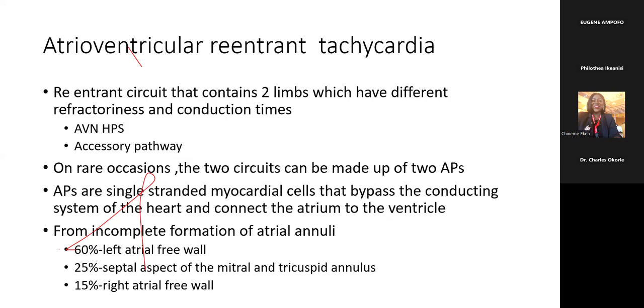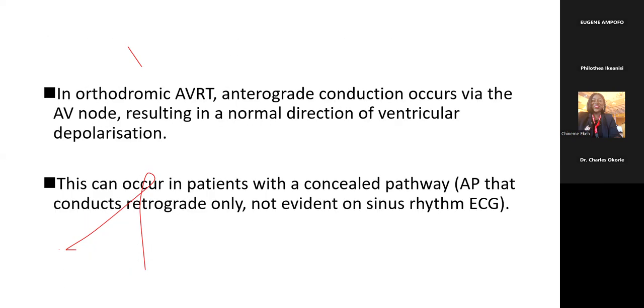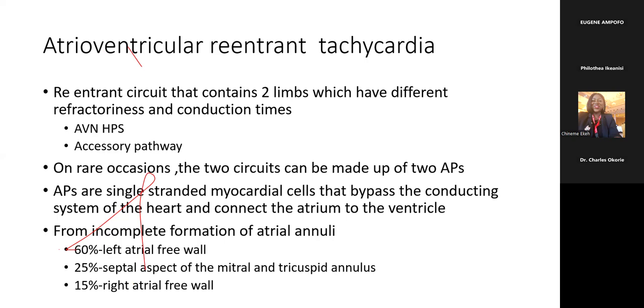Okay, this is just what I have described: the AVRT having two limbs, the AV node, His-Purkinje system, and then the accessory pathway.